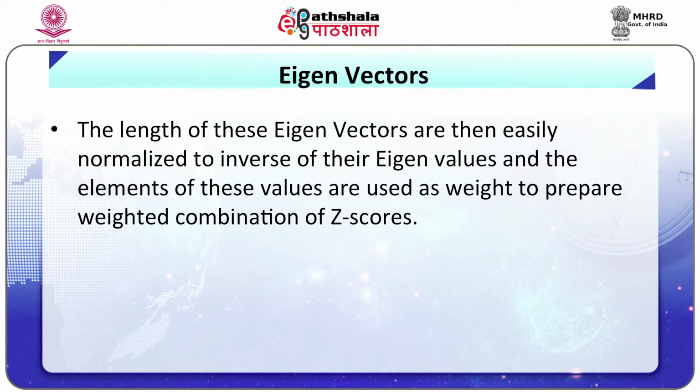The length of these eigenvectors is normalized to the inverse of their eigenvalues. For the first principal component, the weights used are the elements of the eigenvector corresponding to the highest eigenvalue. For the second principal component, the weights are the elements of the eigenvector corresponding to the second highest eigenvalue, and so on.